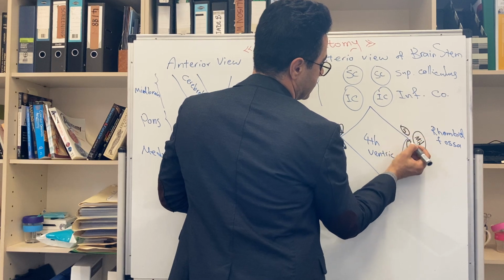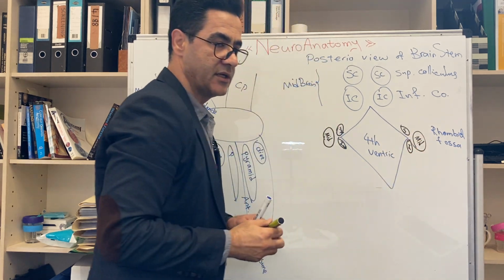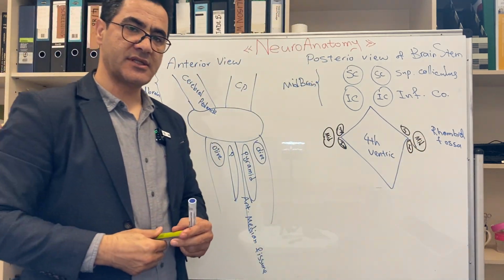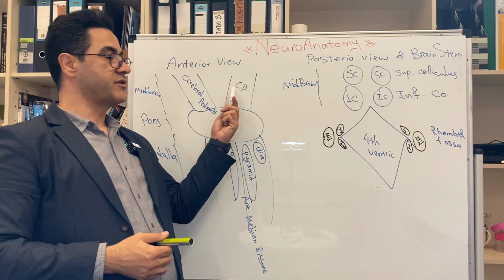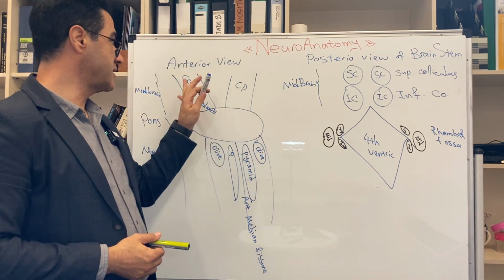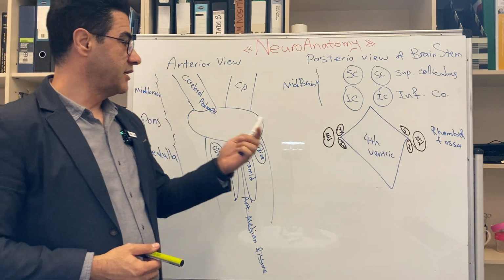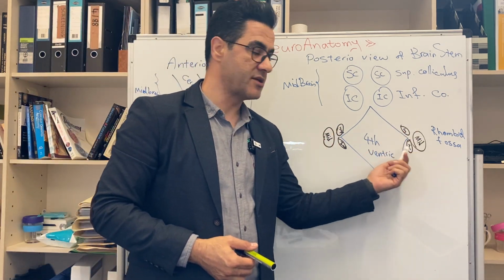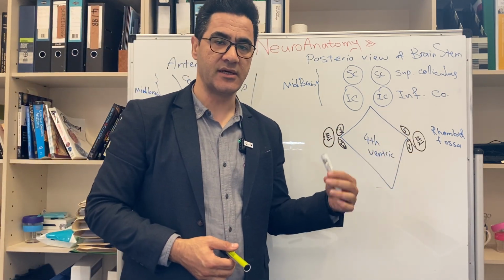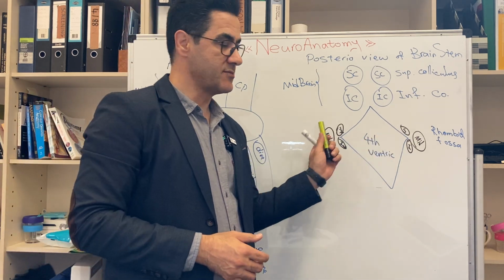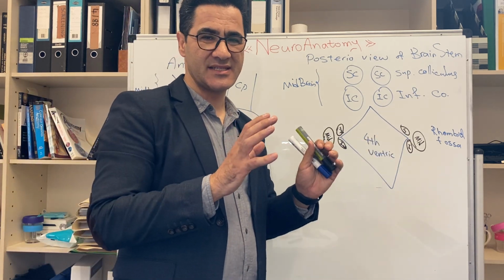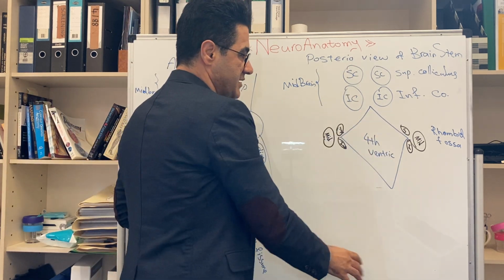Middle, superior, inferior peduncle. So don't get confused. We have two cerebral peduncles on the anterior view of the midbrain. Now these peduncles are known as the cerebellar peduncles. Six small feet connecting the cerebellum to the brainstem.